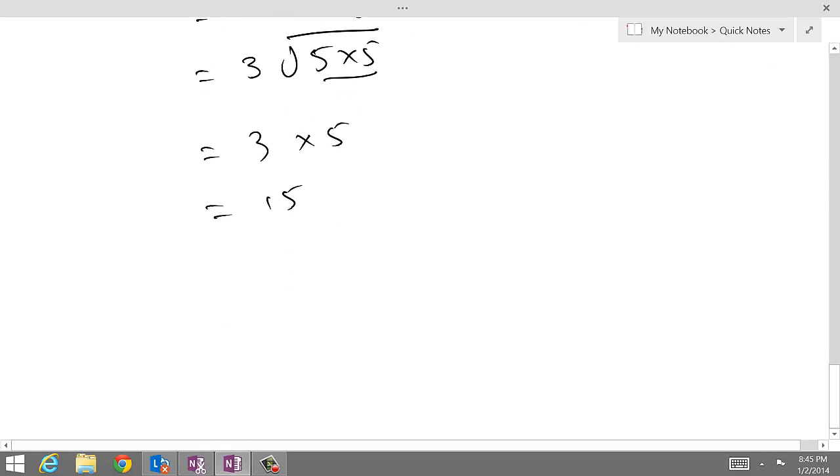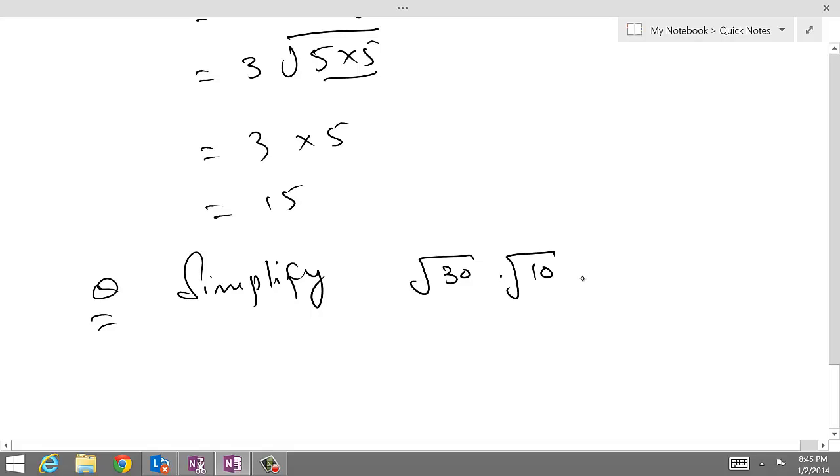Let's do another question, and here simplify this question. Under root 30 times under root 10 times under root 3, and as I already stated at the start of the question, make prime factors of all the numbers inside the square root.